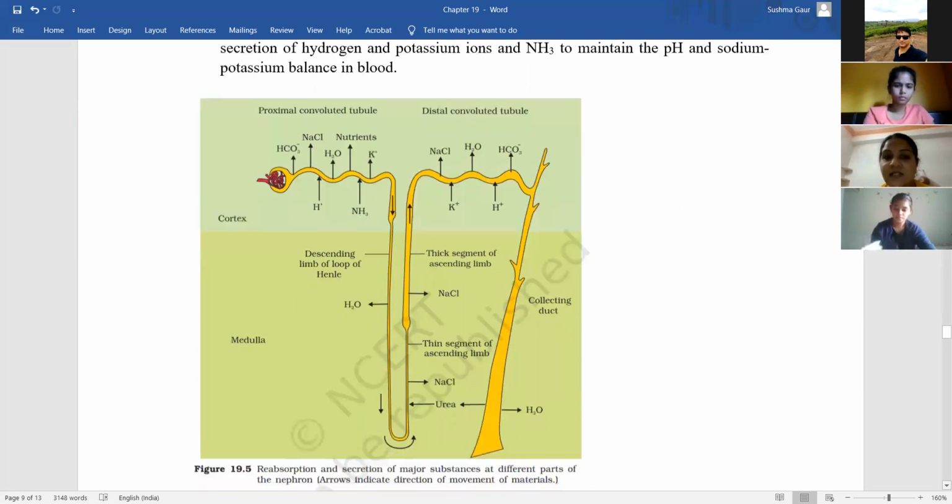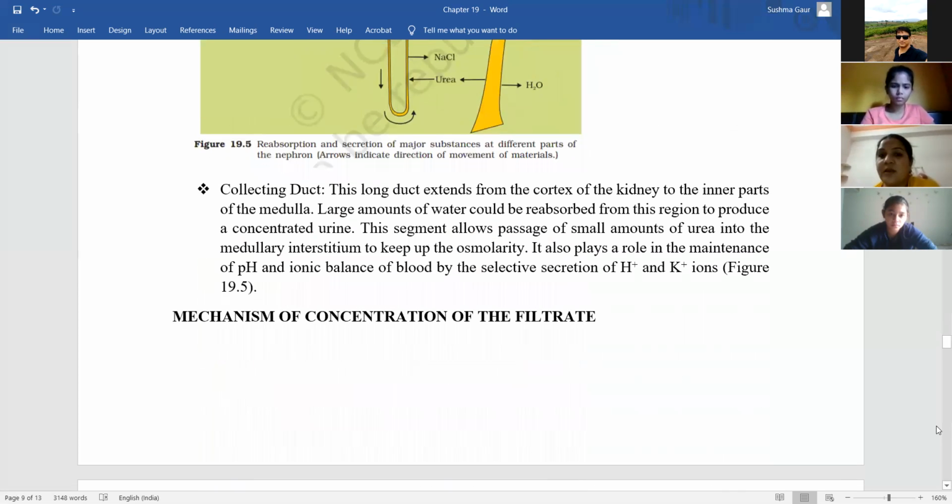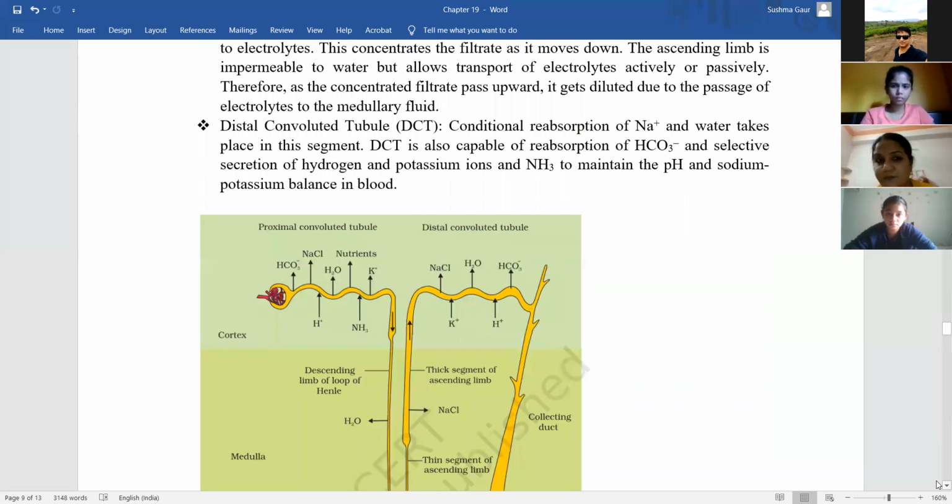As soon as the concentrated filtrate, that is the urine, passes upward into this region, from medulla to cortex, it gets diluted due to passage of electrolytes to the medullary fluid. So because of these electrolytes present in the medullary fluids, it gets diluted.